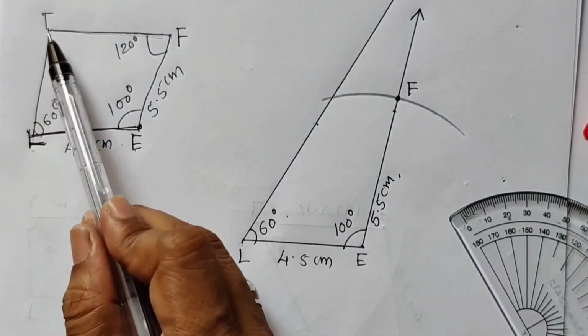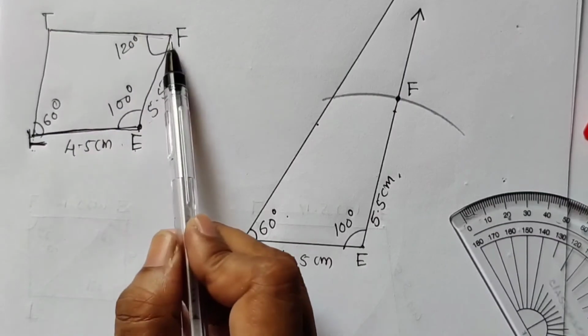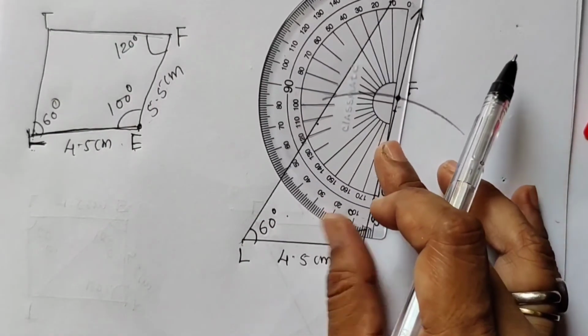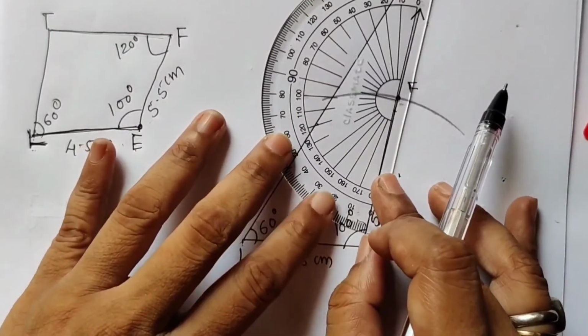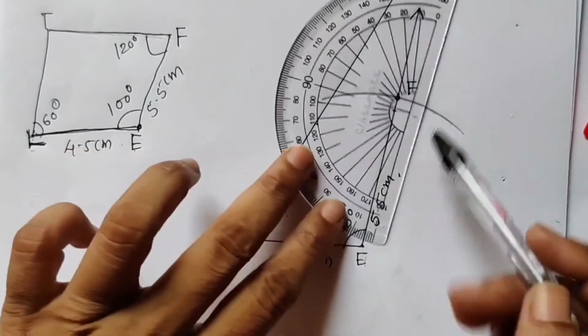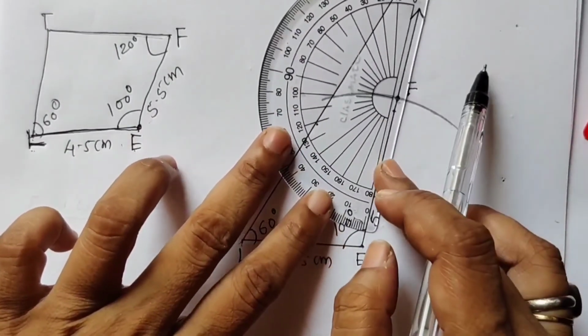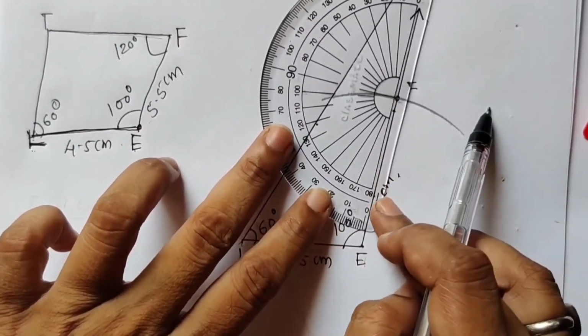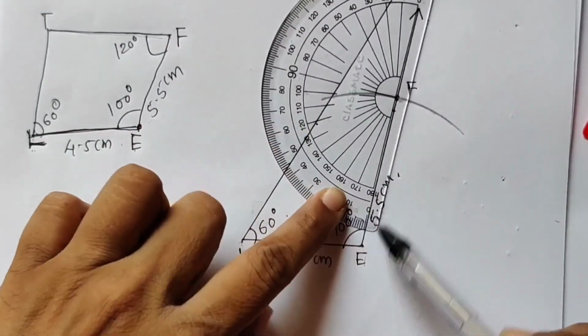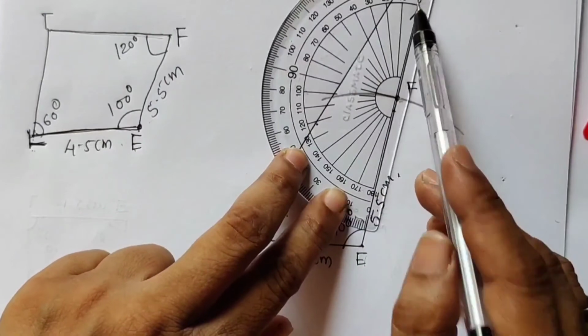Now we have to fix the position of point T. As angle F is 120, I have to put my protractor on point F like this. See that this line of protractor and EF should coincide with each other. Put it properly, and now count. From which 0 will you count? Upside 0 or downside?